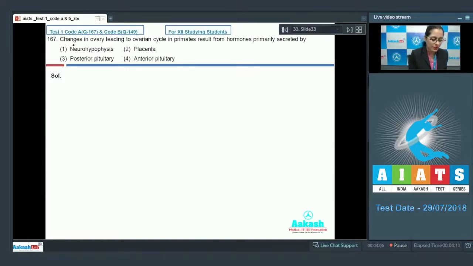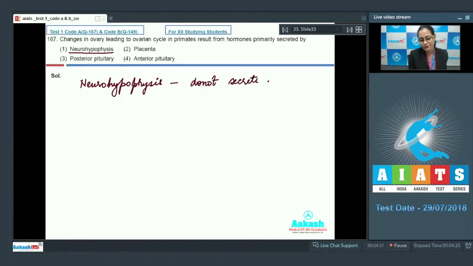Alright, now the very first option given is neurohypophysis. Neurohypophysis does not secrete any hormones. It only stores the hormones which are secreted by the hypothalamus.